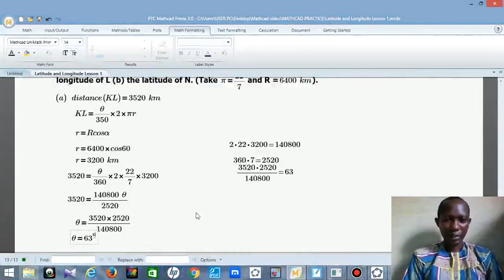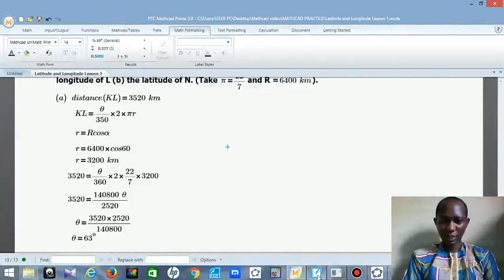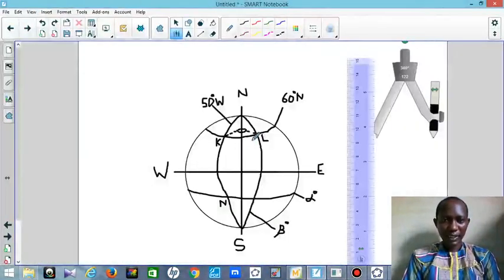63 degrees. So this is where we need to check if it's going to be in north or in south. Let's go to the diagram and see. If theta is 63, we are talking of the angle between K and L being 63 degrees. Remember, K is on the west side, which is 50 degrees west, and L is on the east side of K. So from here to 0 it's already 50.